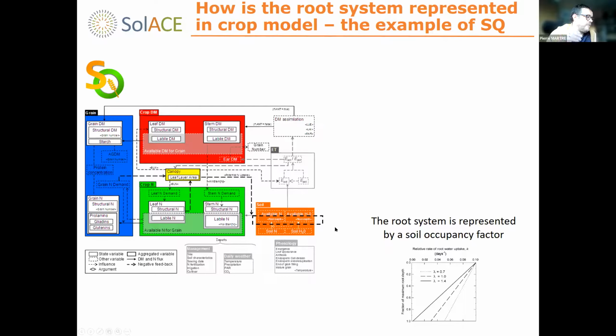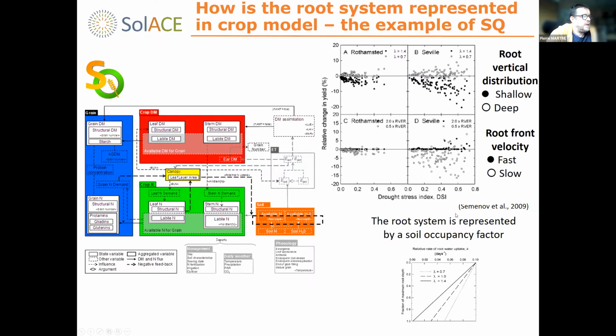One is the rate of vertical root extension, so how fast the root front goes down the soil profile, and the other one is a root system occupancy factor, which represents how the relative rate of root water or nitrogen extraction reduces with soil depth. It mimics changes both in the hydraulic conductivity of the soil and in the root architecture and vertical distribution of the root system.